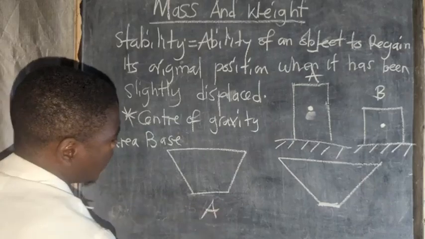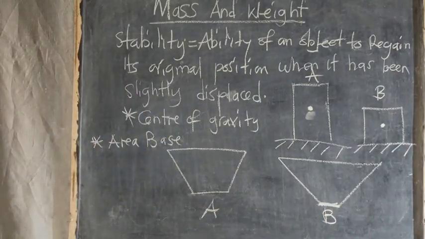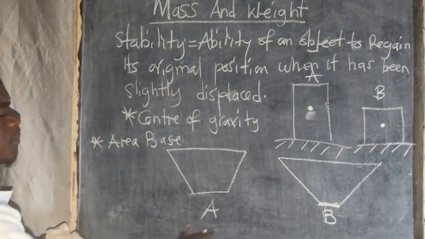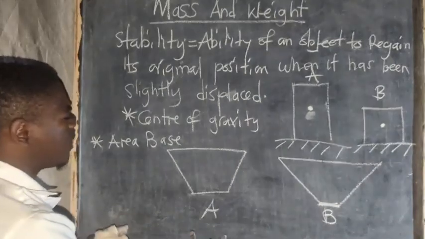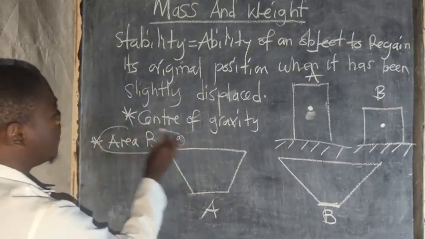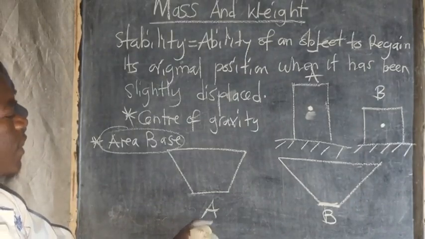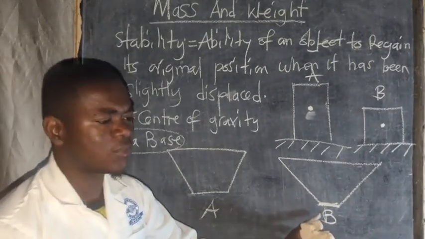They say this is A, this is B. So now they ask you a question to say which one is more stable here. You are even able to tell that the one that is more stable is A because it has a large surface area. So we are talking about area base. So this one is more stable because it has a large surface area compared to that one.